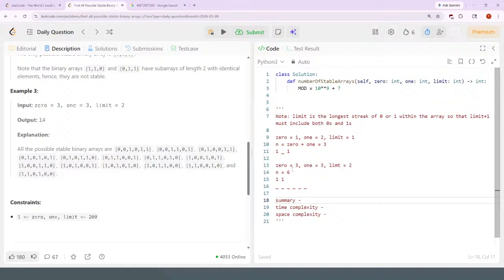Interesting. So, can I count the number of ways that you find a streak of 3 ones? So 111, blank, blank, blank. So there's 4 ways you put a streak of 3.